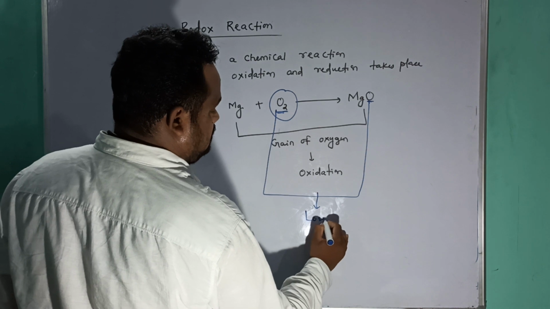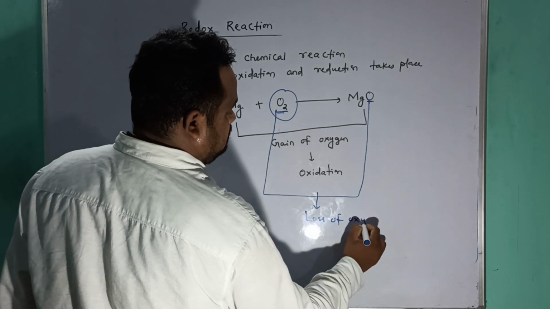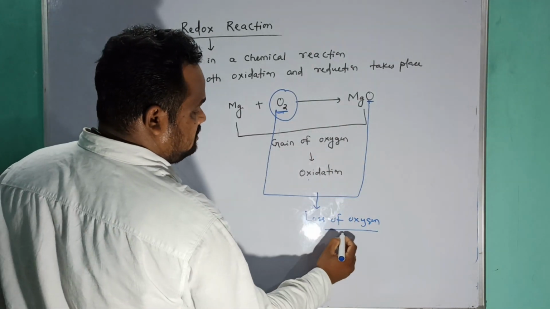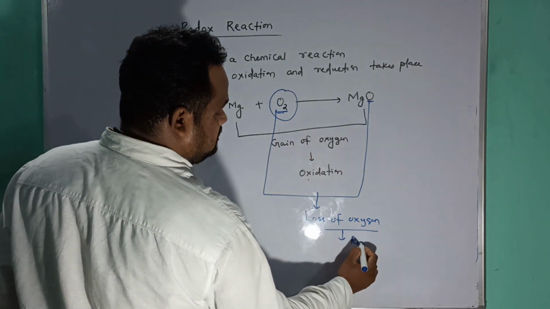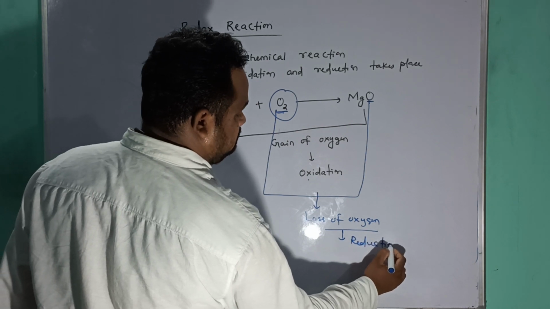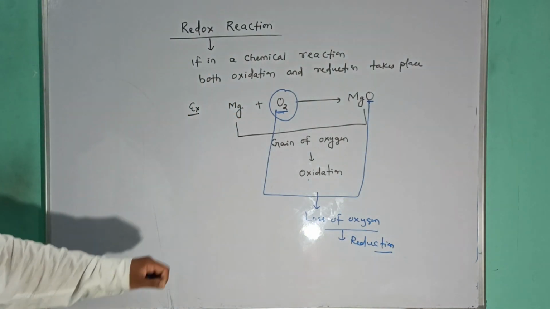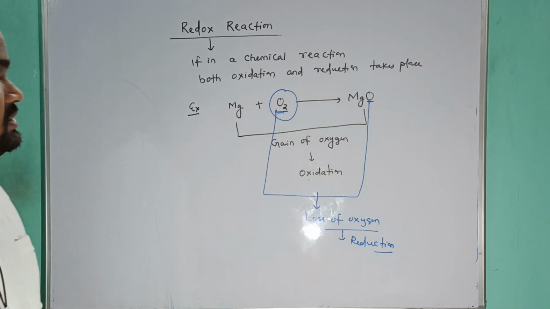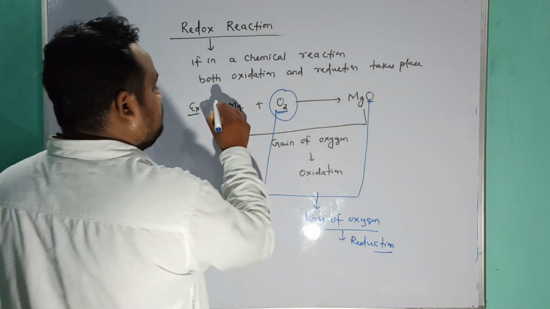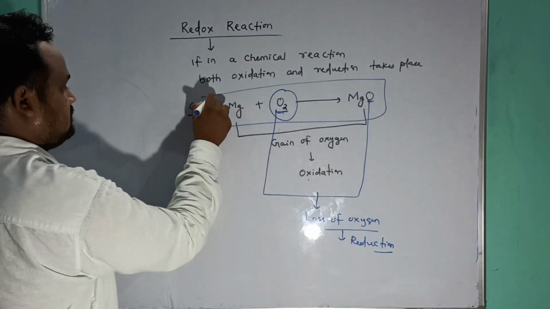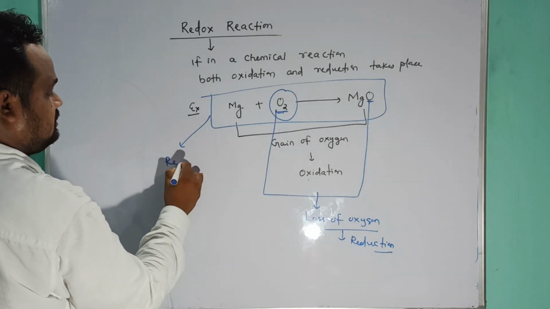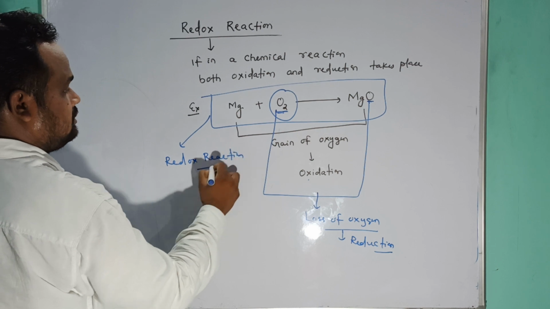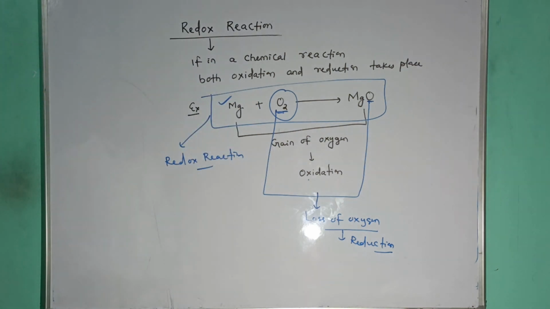So loss of oxygen in the same reaction. Gain of oxygen means oxidation. Loss of oxygen means reduction. In the same reaction, both oxidation as well as reduction take place. So now we can call this whole reaction a redox reaction.